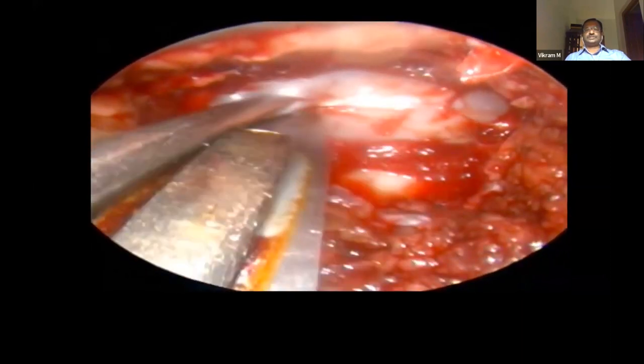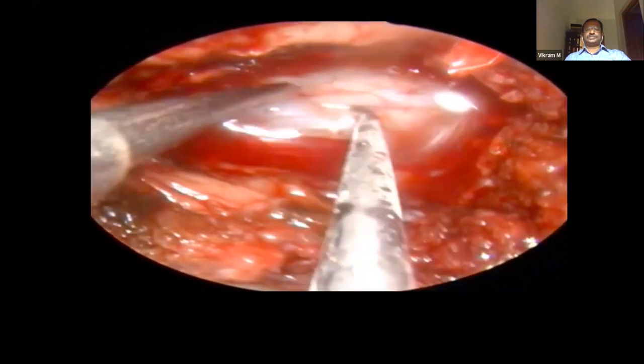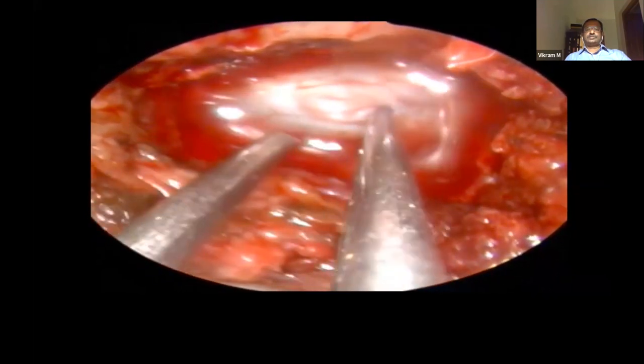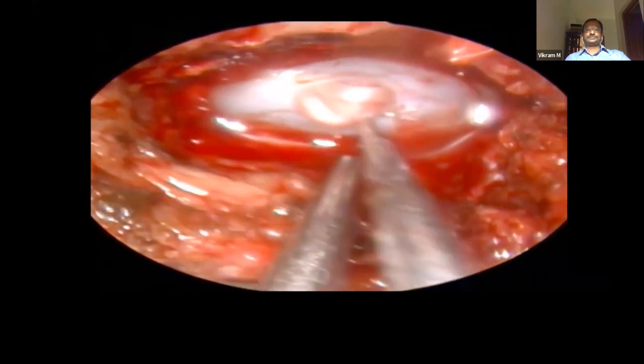So the dura is incised as usual, extended. Further extension relieves the pressure on the roots.